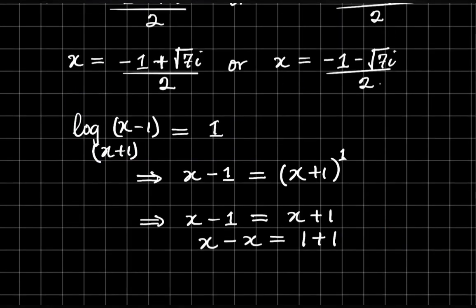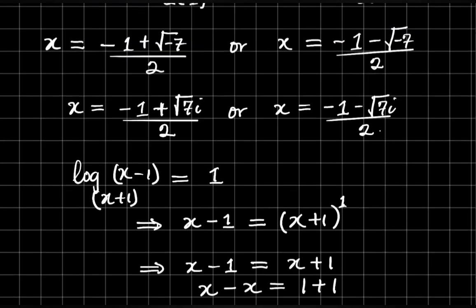But let's go back to the previous set of values of x that we have. x is equal to minus 1 plus root 7i over 2, and also x is equal to minus 1 minus root 7i over 2. These values are not real. They are imaginary numbers.